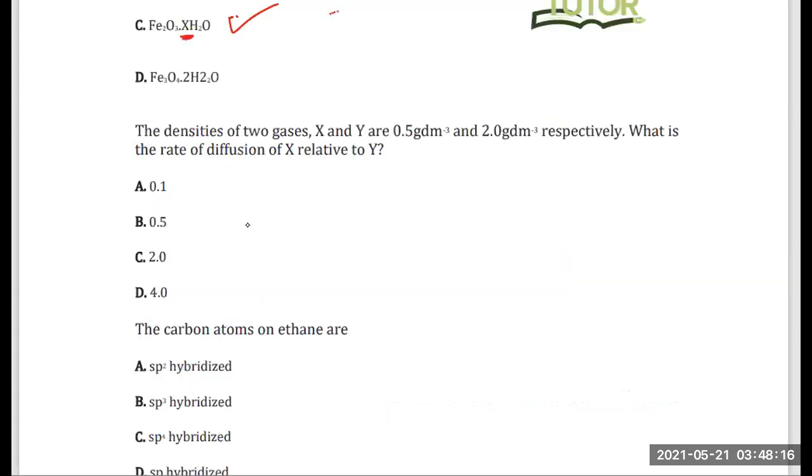The densities of two gases, X and Y, are 0.5 and 2.0. We have to find the rate of diffusion. What is the rate of diffusion here? So basically, let's pick X and Y. X is 0.5, Y is 2.0. What we want to find out here is which one diffuses faster and to what ratio. Because it's relative, it's a ratio. So if I'm going to find the ratio, I'm going to divide by the smallest, 0.5.